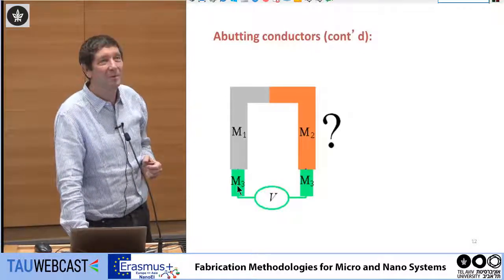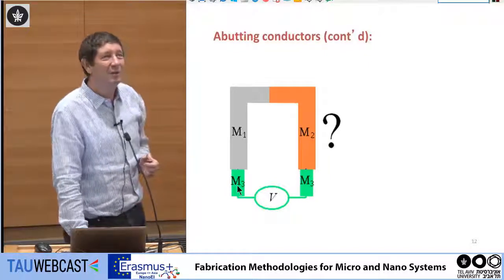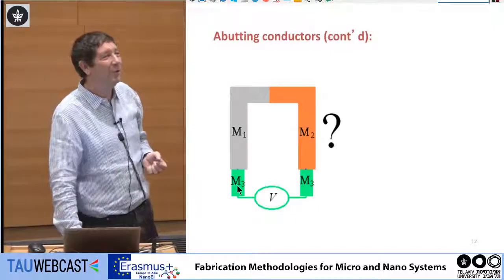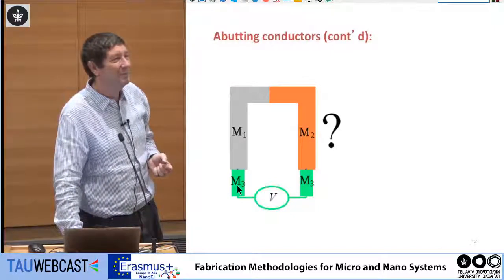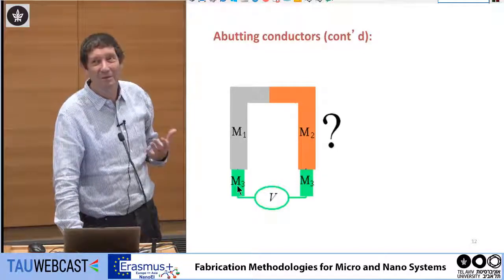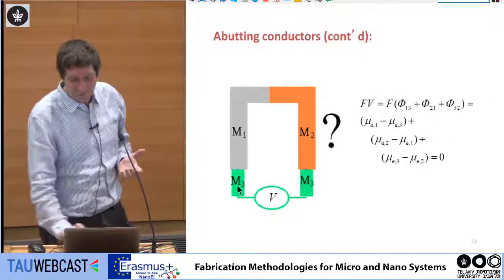What will it measure, by the way? Hint: what happens if there is a voltage at equilibrium and a current at equilibrium? It would be a perpetuum mobile. So I cannot have a voltage here because we are in equilibrium. But let's prove it.